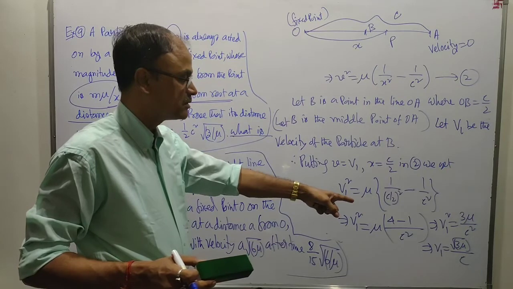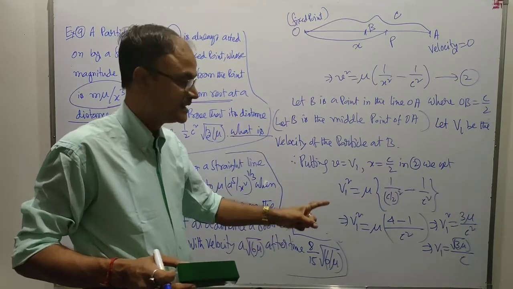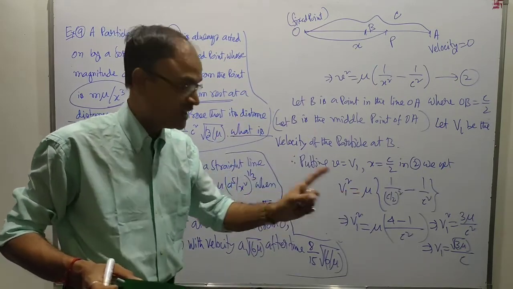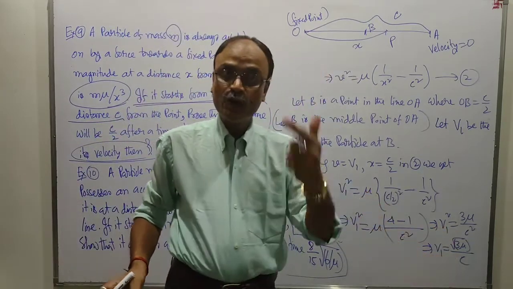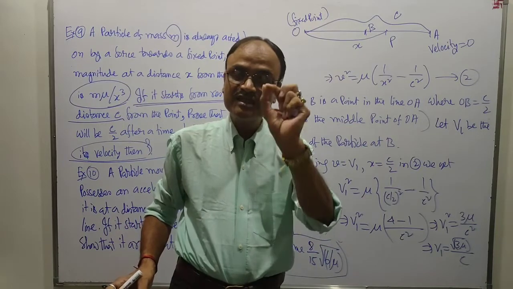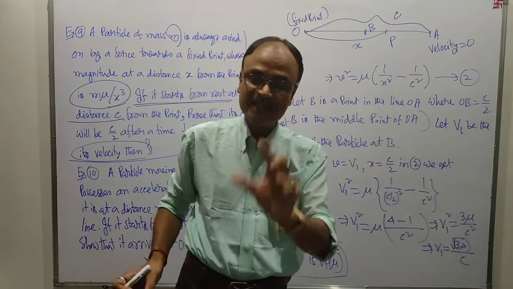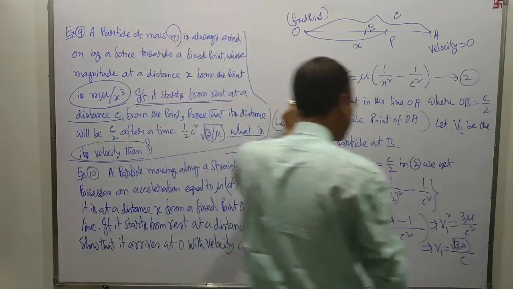You have found one answer. Therefore, the velocity of the particle is root over thrice mu divided by C when it is at a distance C by 2 from the center of force O. You may write like this.